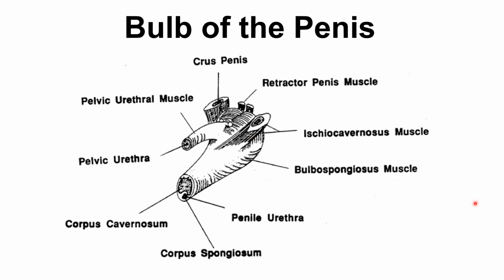Both the urethral and the bulbospongiosus muscles contract during ejaculation to force the sperm out. Another muscle is the ischiocavernosus muscle, and the blood supply coming to the penis passes through this muscle. And this is the blood supply that leads to erection.